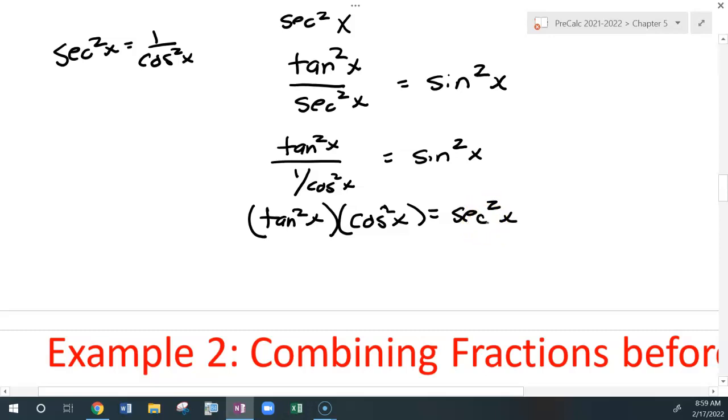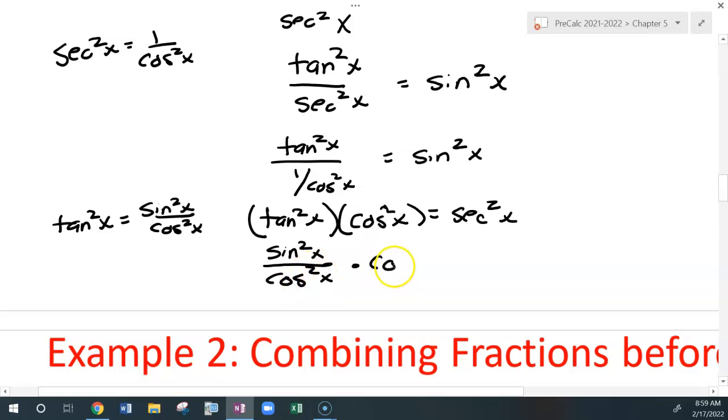Another one I keep in mind is that tangent squared x is sine squared x over cosine squared x. So now I'm going to plug in my sine over cosine. This is where converting all your expressions into sine and cosine is helpful. So I get sine squared x over cosine squared x times cosine squared x equals sine squared x.